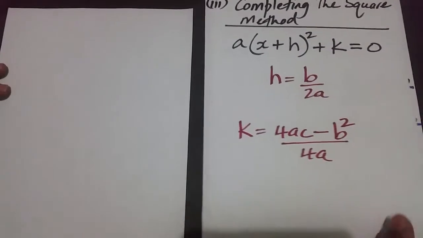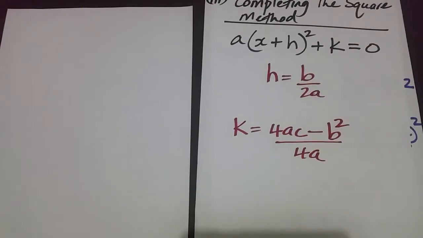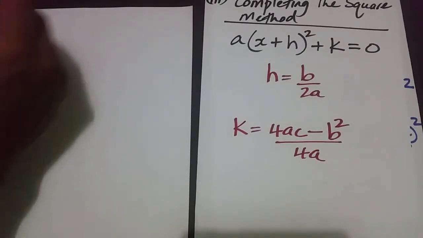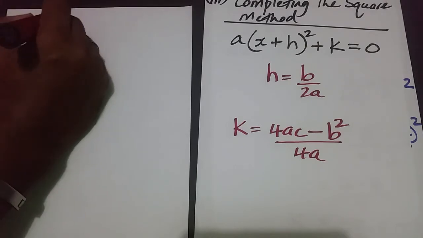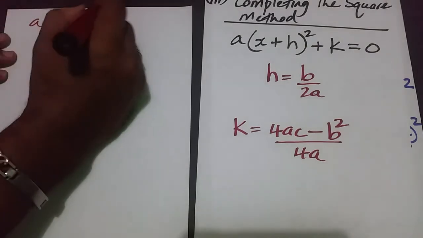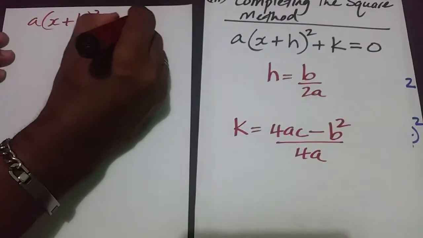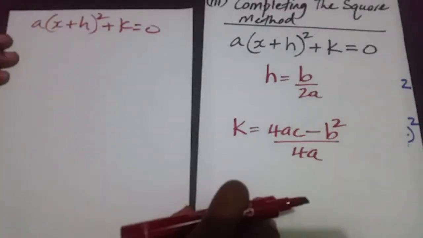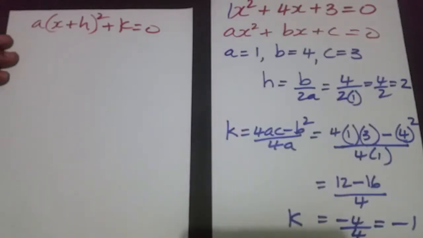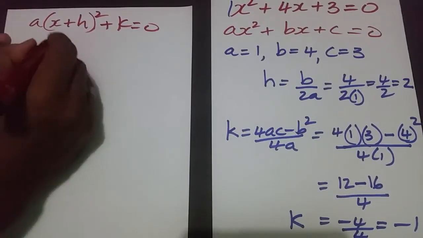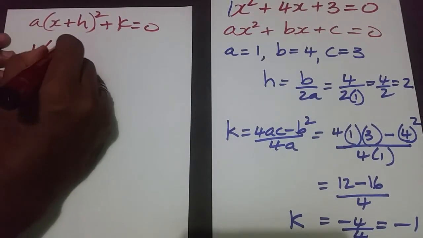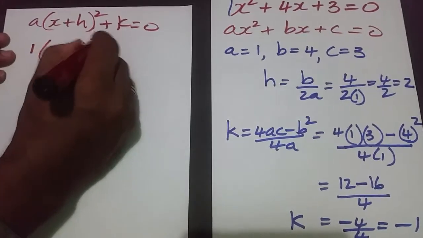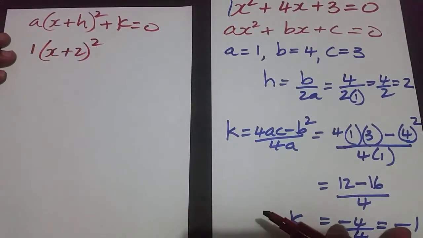Let me rewrite this so we can clearly see it. It's going to be a, x plus h all squared, plus k equals 0. We're going to plug in the values of a, h, and k, and then proceed to work it. We found that a is 1, h is positive 2, and k is negative 1.